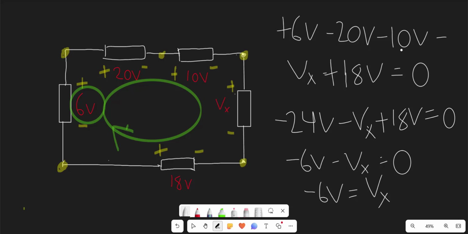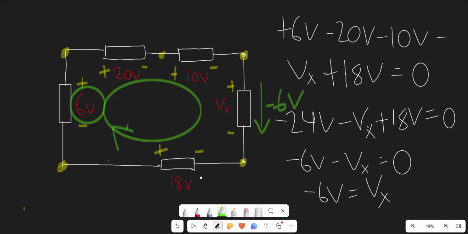And as you might notice, we got a negative voltage value for Vx. So this means that we simply just have to reverse the polarity of Vx. We initially assumed that it was going from a high potential to a low potential. So if we did assume that, then we would have negative 6 volts for Vx going in the clockwise direction.